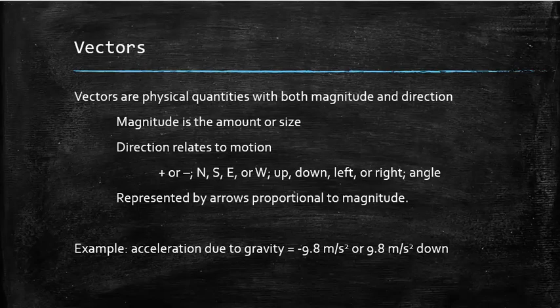You're going to use some sort of proportionality for your arrows to show one thing bigger than the other, draw them in the correct direction, things like that. One example of a vector is the acceleration due to gravity, which is objects falling downward. It's negative 9.8 meters per second squared, or 9.8 meters per second squared down.